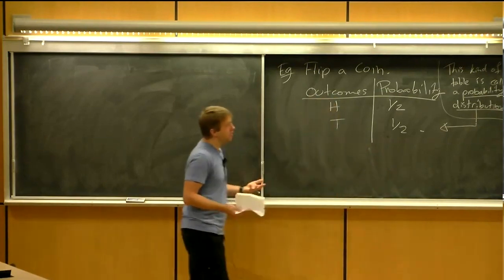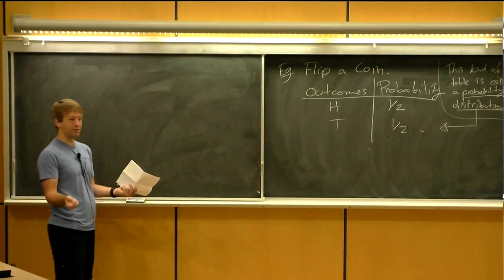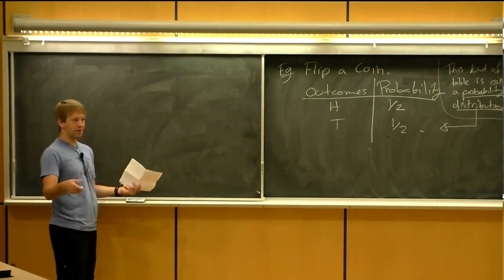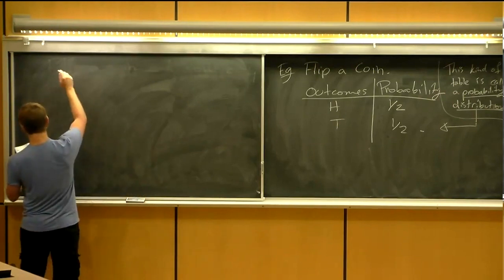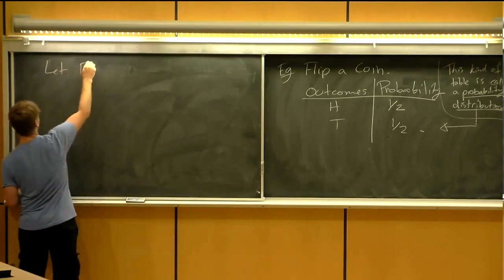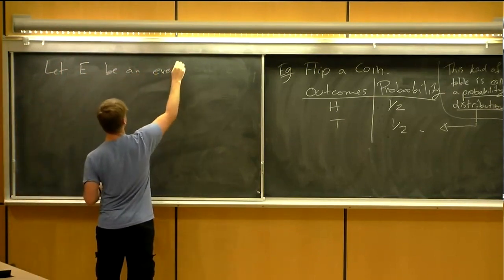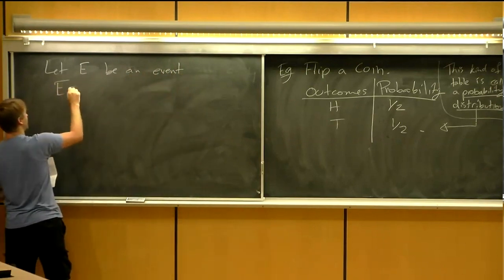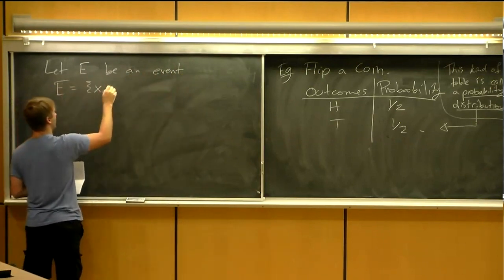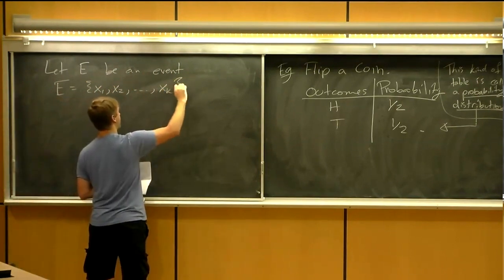And it turns out it's not hard to compute the probability of events if you know the probabilities of the outcomes, because you just add up all the outcomes in that event. So let E be an event, and suppose E is equal to x1, x2, up to xk.